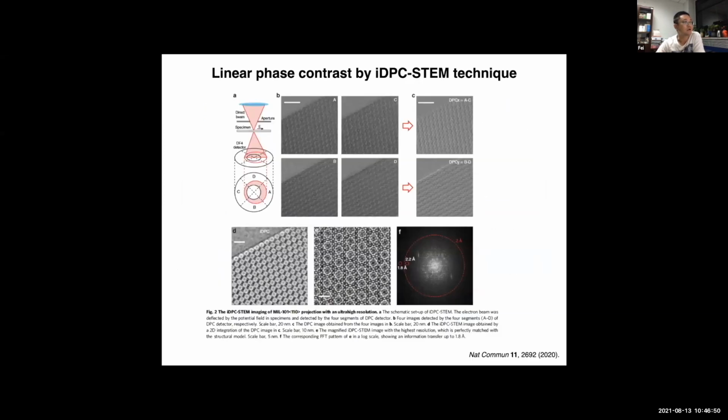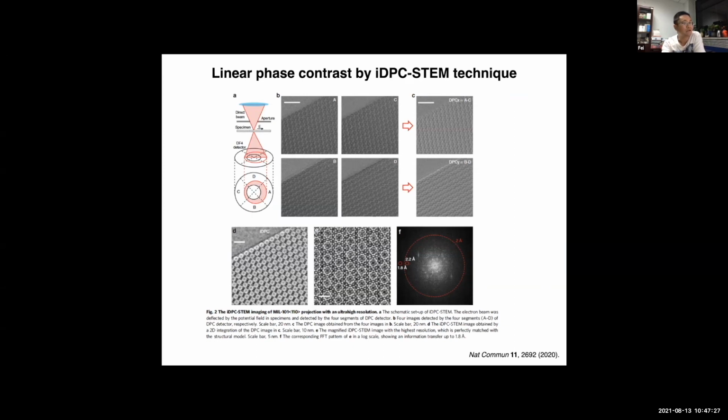And in material science, scientists have already proved iDPC STEM can be quite successful in imaging those sensitive specimens, and it can also image both heavy elements and light elements, just as this slide shows. So the metal atoms and also the organic atoms can be visualized at the same time. So this is the advantage of the iDPC system.